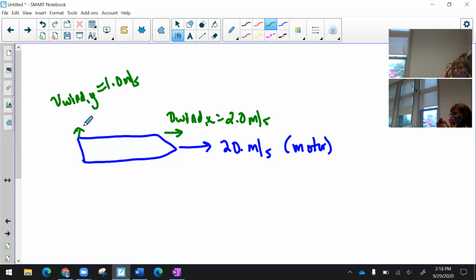Okay. And recall that I can add together vectors of the same type. These are all velocity vectors, which means I can add them together. And I can also add together vectors by their components.